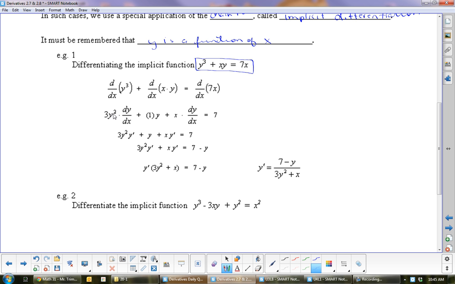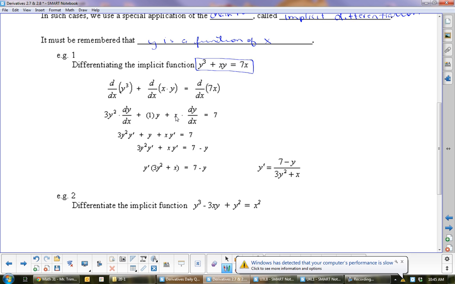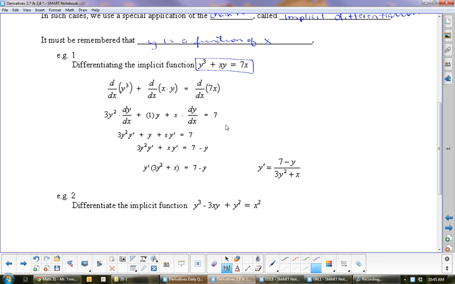Now, we've never done this before, but to take the derivative of y cubed, you're going to go 3y squared times dy over dx. Plus, here we're using the product rule, the derivative of x is 1 times the second, plus the first times the derivative of y, which is dy over dx, equals 7.